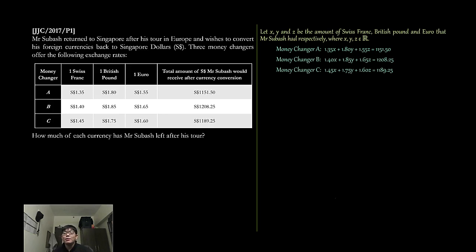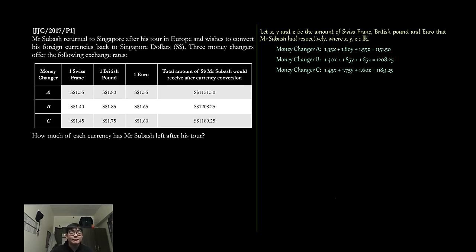Now we have formed a system of linear equations, right? Because each of the expressions, 1.35x, then 1.80y, and lastly 1.55z, are linear expressions. 1.35x is a linear expression in terms of x, 1.80y is a linear expression in terms of y, and 1.55z is a linear expression in terms of z.